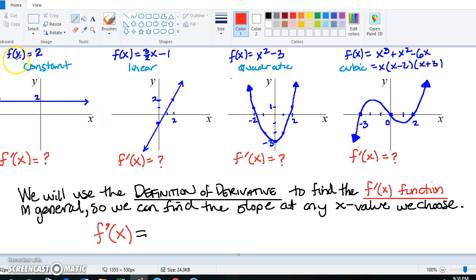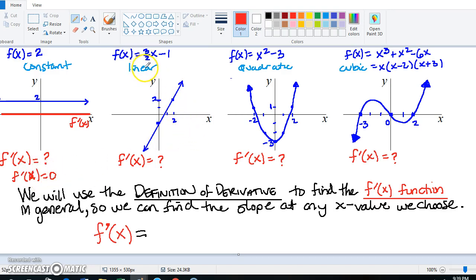Well, if a constant function has a slope of 0 all the time, then its derivative has a slope of 0. So this is my f prime of x. That function, I can tell you right away, is f prime of x equals 0.